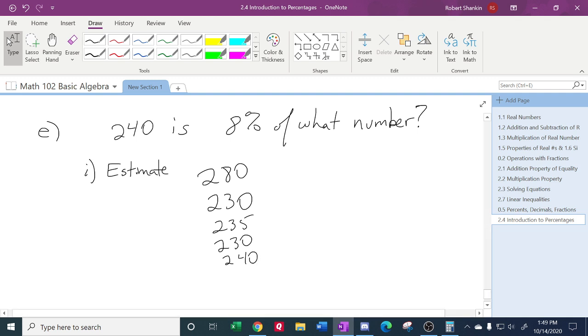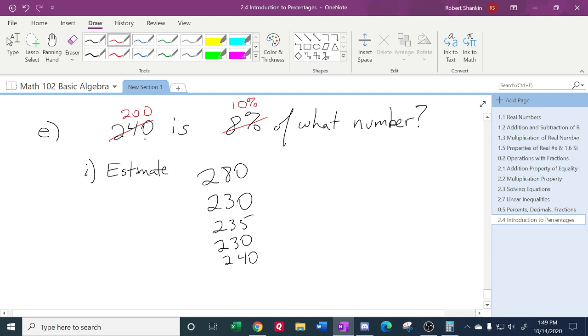All right, let's look at this again now. 240 is 8% of what number? For estimation purposes, I'm going to change 240 to 200, and I'm going to change this 8% to 10% to just get a ballpark number.